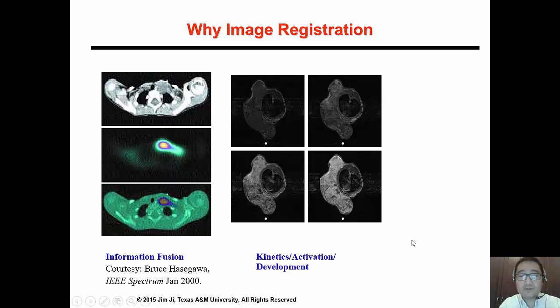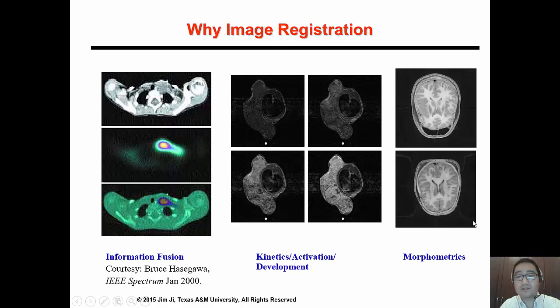In some other examples, you're doing a dynamic study, so you acquire images at different times. This is a contrast enhanced animal cancer study. The different intensity you see here is due to the contrast agent uptake. So in order to analyze those drug kinetics, you need to be able to align these images, so you compare apple with apple.